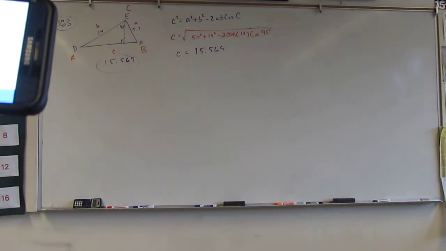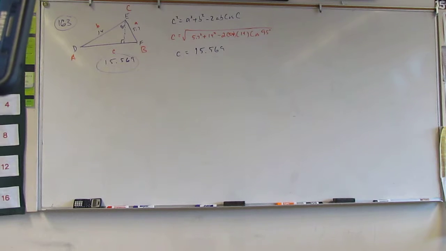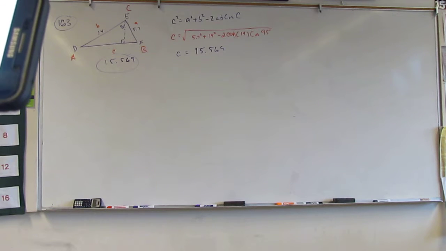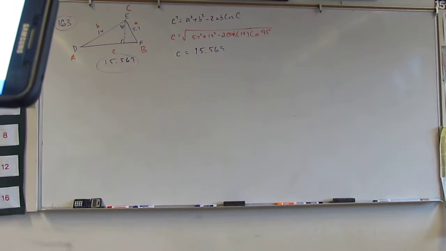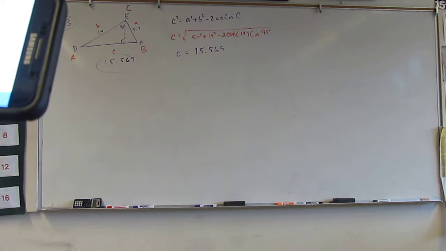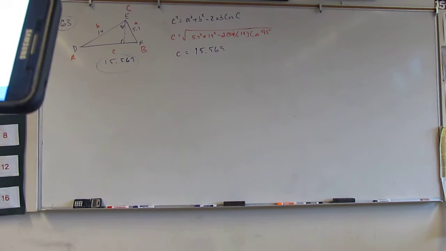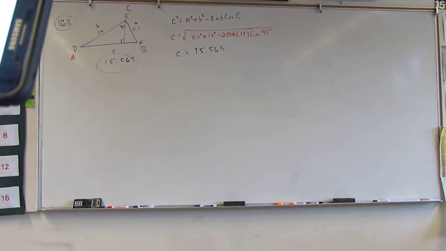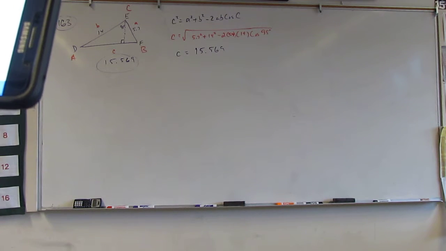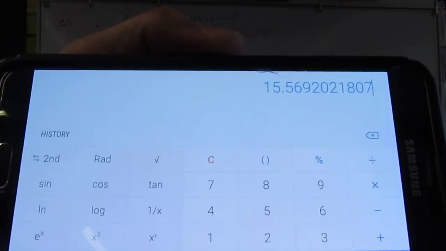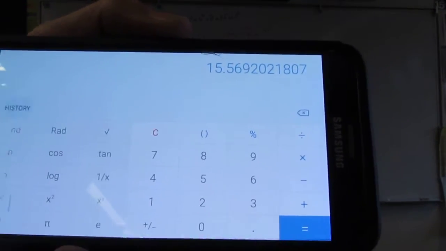So what I'll do is go the square root of 5.7 squared plus 14 squared minus 2 times 5.7 times 14 times cosine 95, hit equals, and that's 15.569.